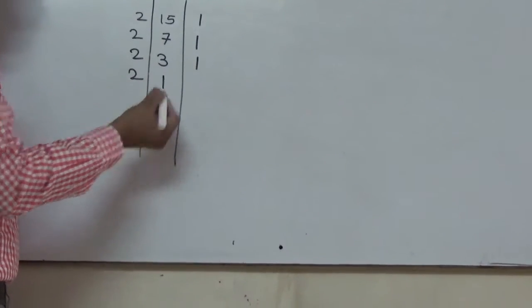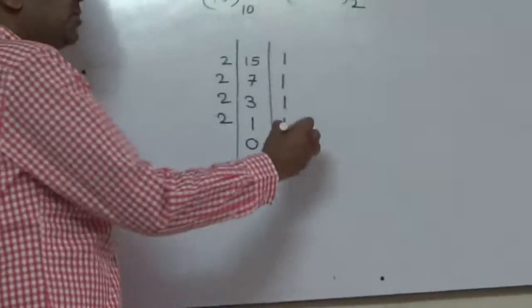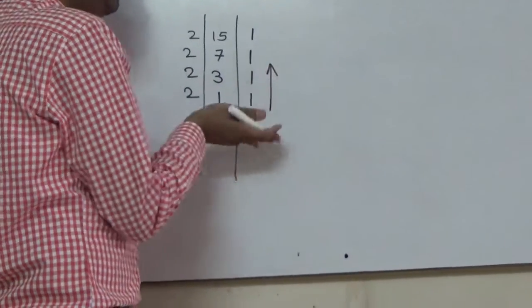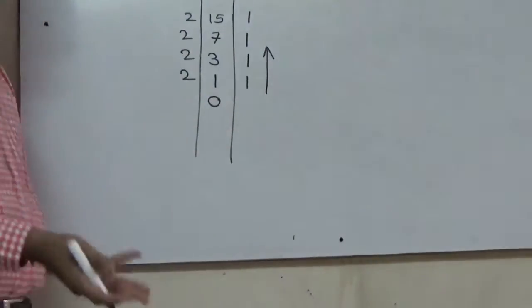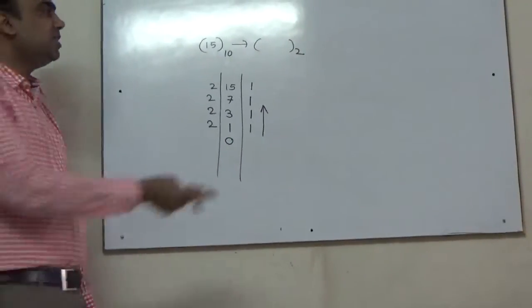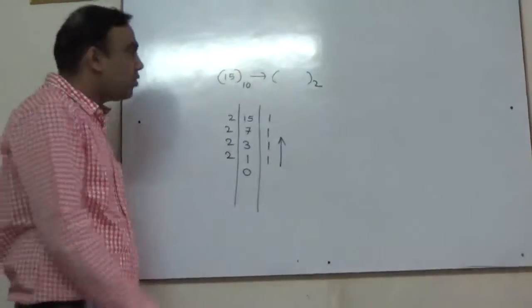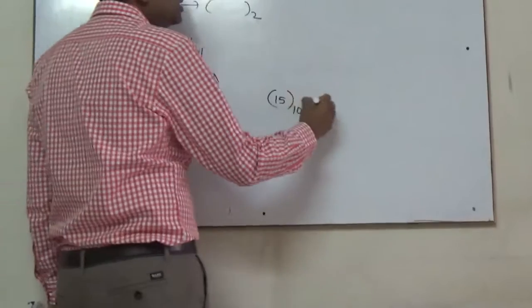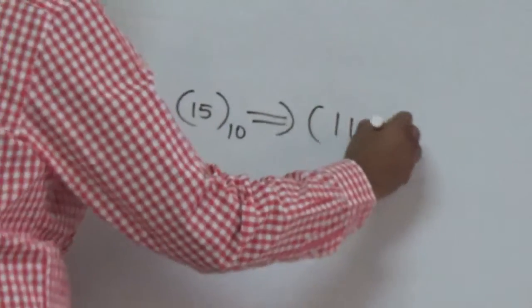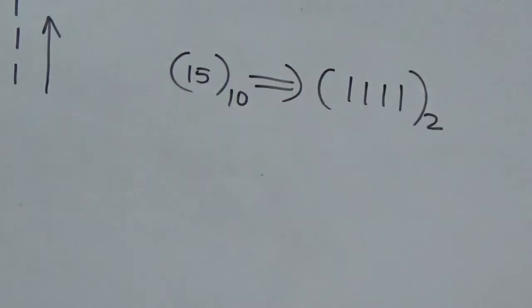We know that the quotient will be 0 and finally 1 will be the remainder. And I will have to write these remainders from bottom to top. See, all these remainders will be either 0 or 1 because we are dividing by 2. So finally, if 15 is a decimal number, its equivalent binary is 1111.